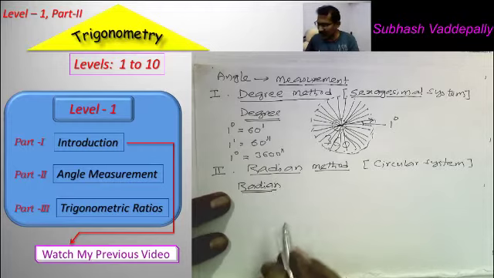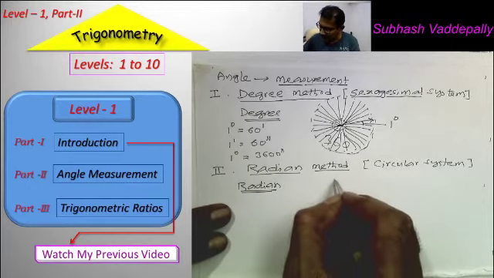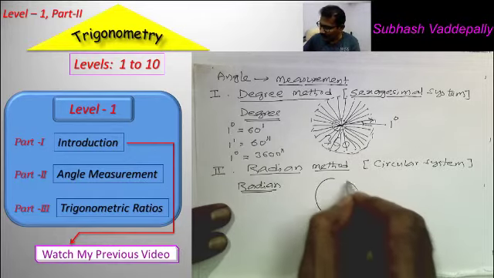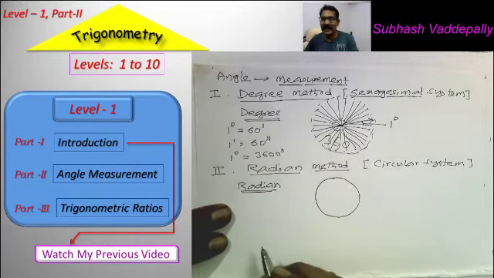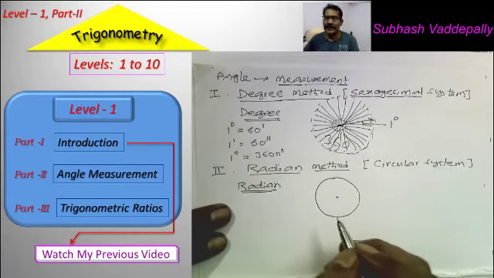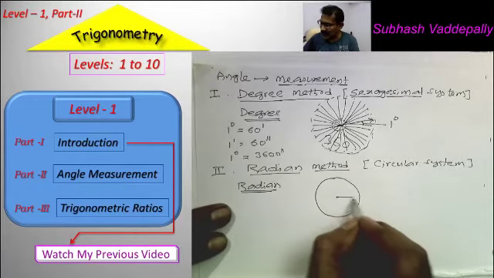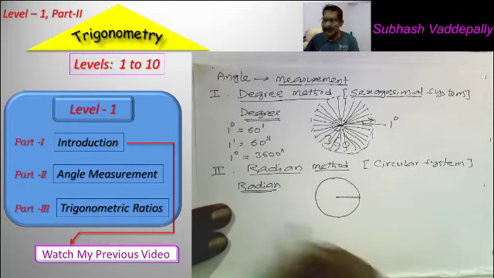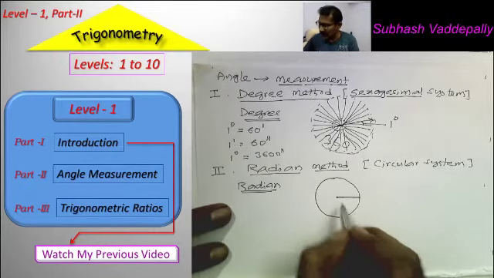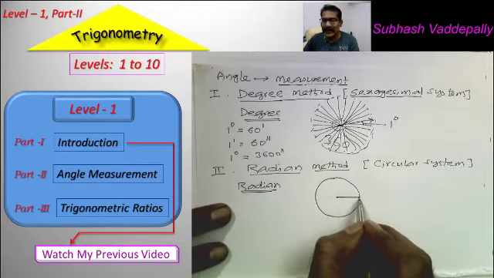To define radian very well, I am going to take a circle. Consider this is a circle. I am not a good artist. The circle should have a center, and say this is the radius. The radius should have a certain length. Here what I'm going to do is measure the length of the radius.